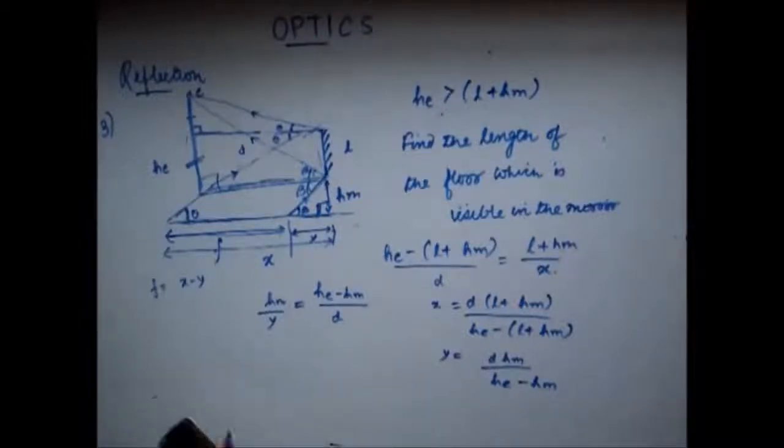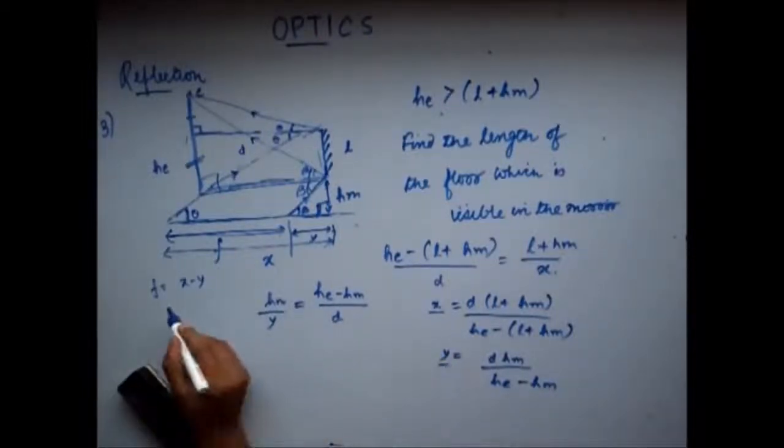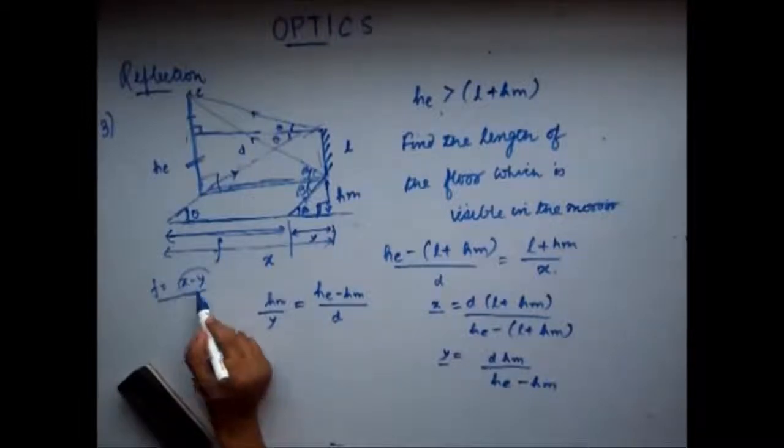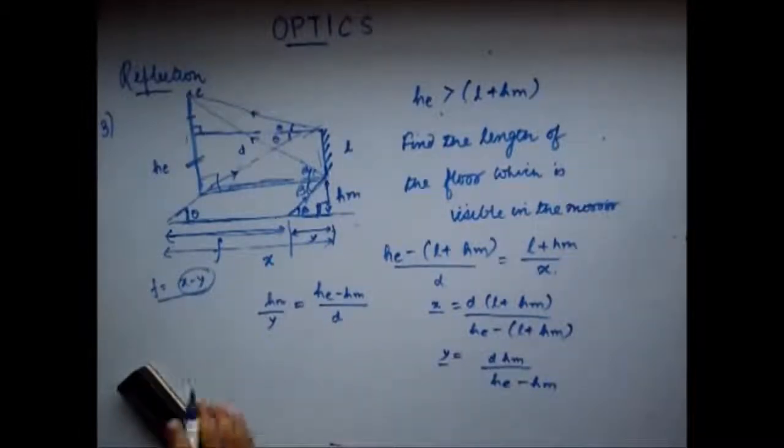Okay. Now I have X, I have Y. To get F, I just need to subtract Y from X. So let's do that.